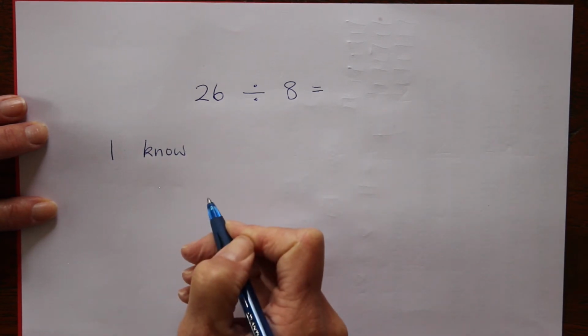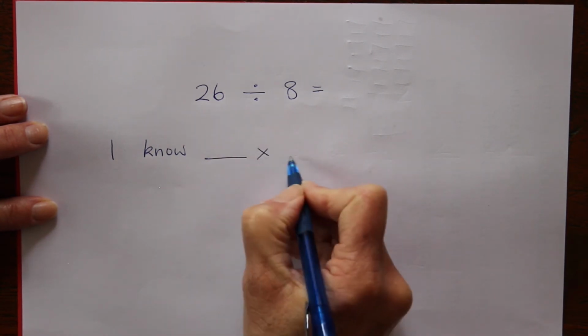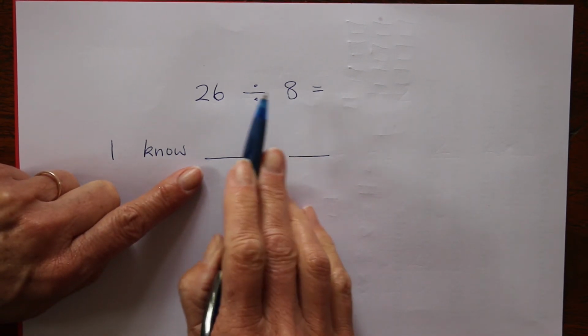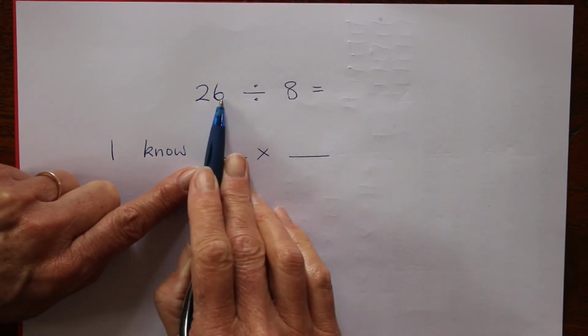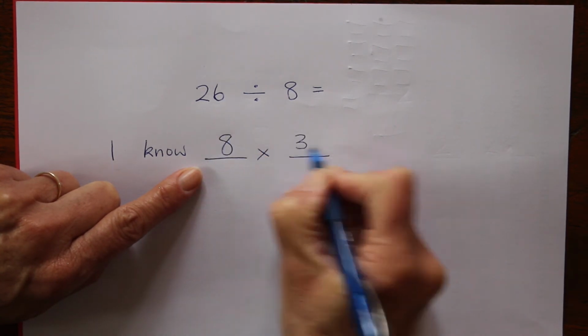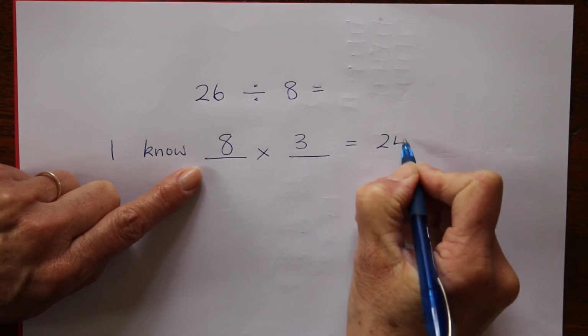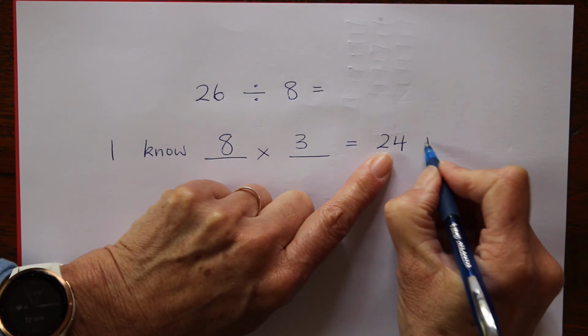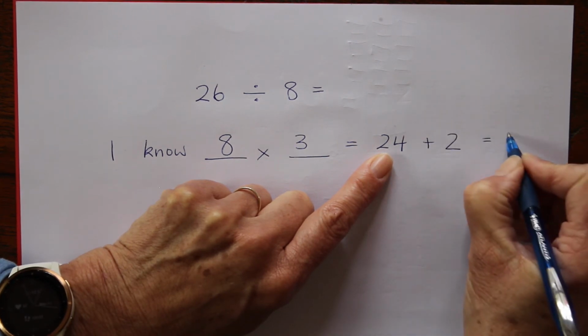my 8 times tables. I know, and I'm going to think here, I know that if I do 3 8s, I'll get to 24. So I know that if I have 8 3s, I will get to 24. 24, I need another 2. So if I plus 2, then I'll get to 26.